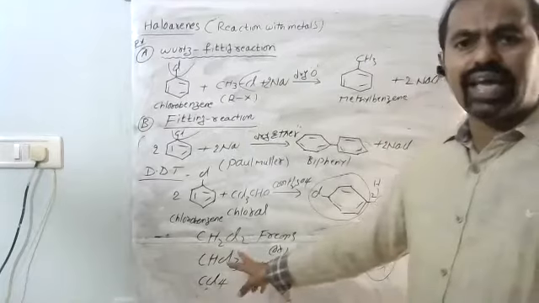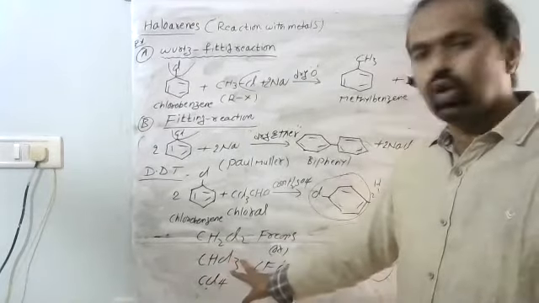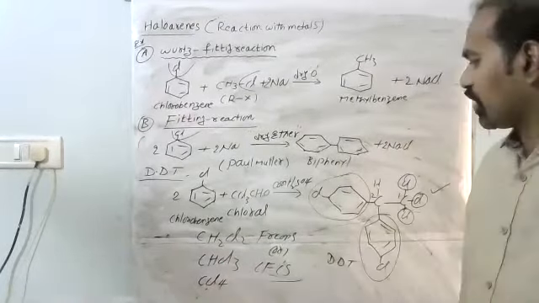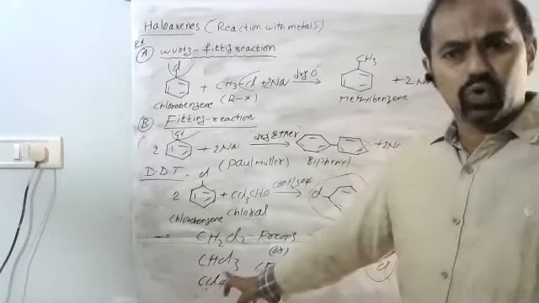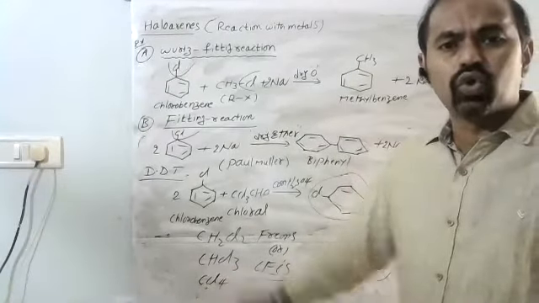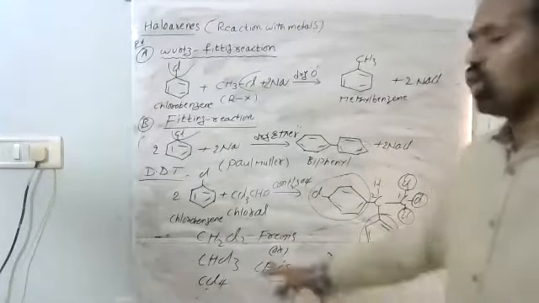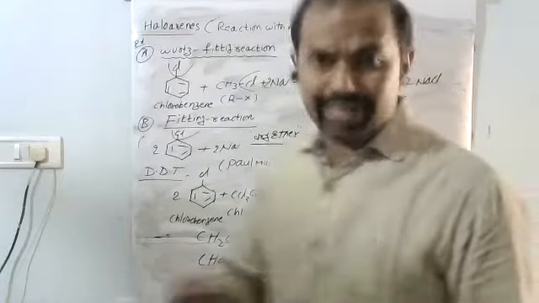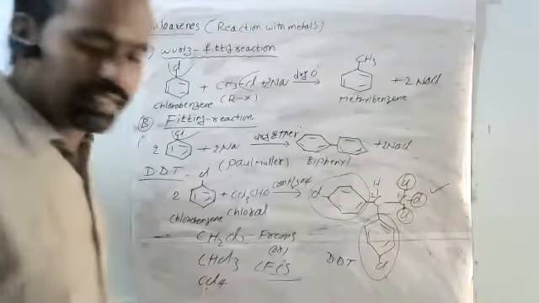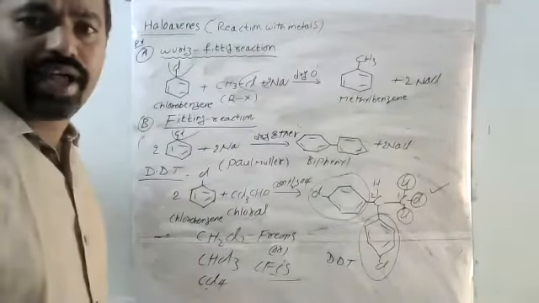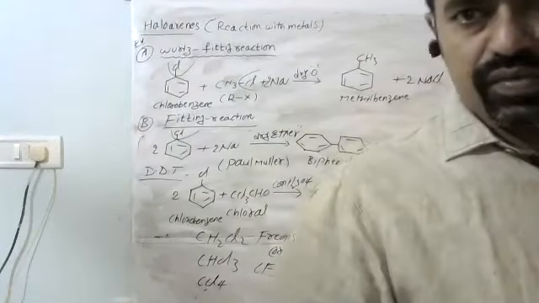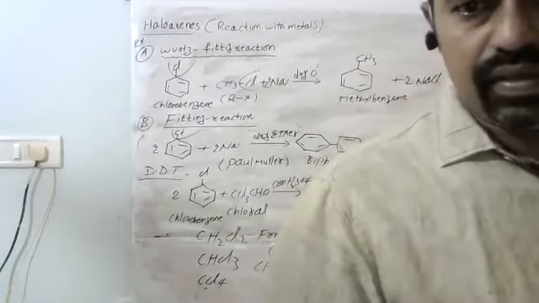After that, trichloromethane, also called chloroform. After that, carbon tetrachloride, also called tetrachloromethane. After that, freons, which are nothing but chlorofluorocarbons. Next class, I will give these uses, structures, and environmental effects also.